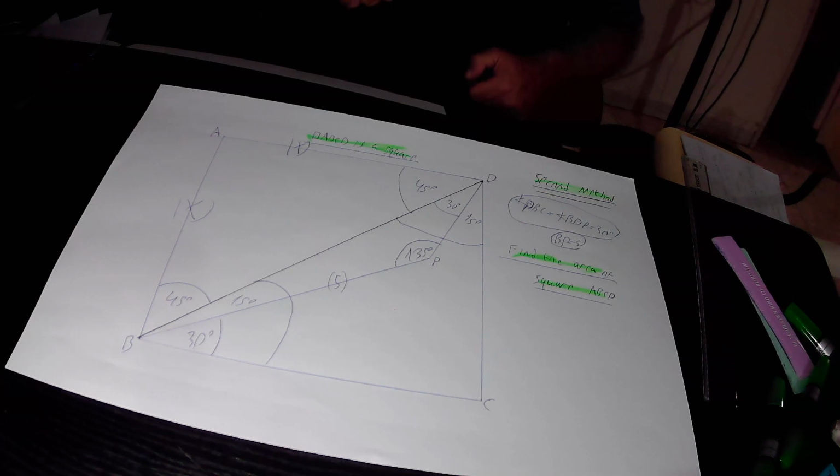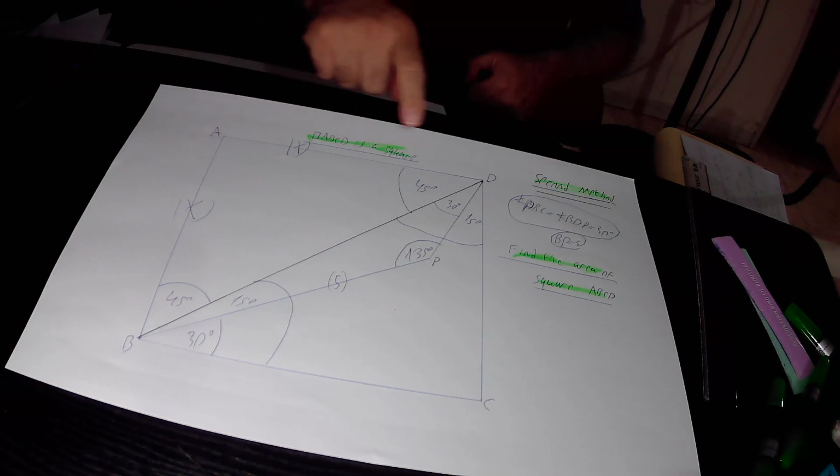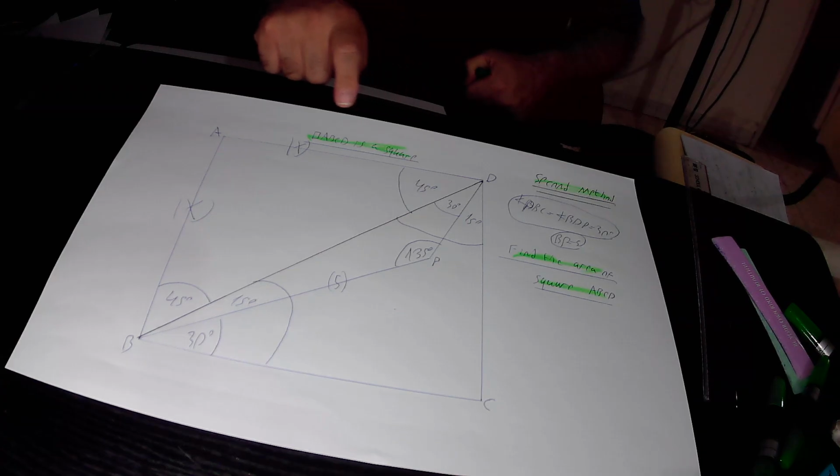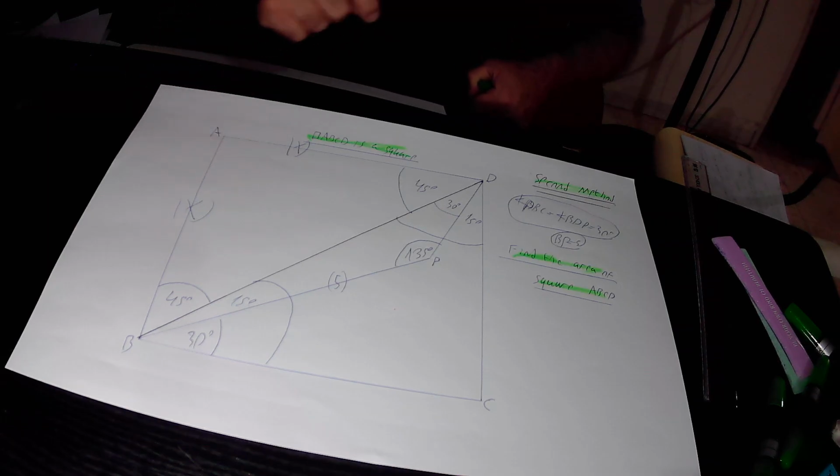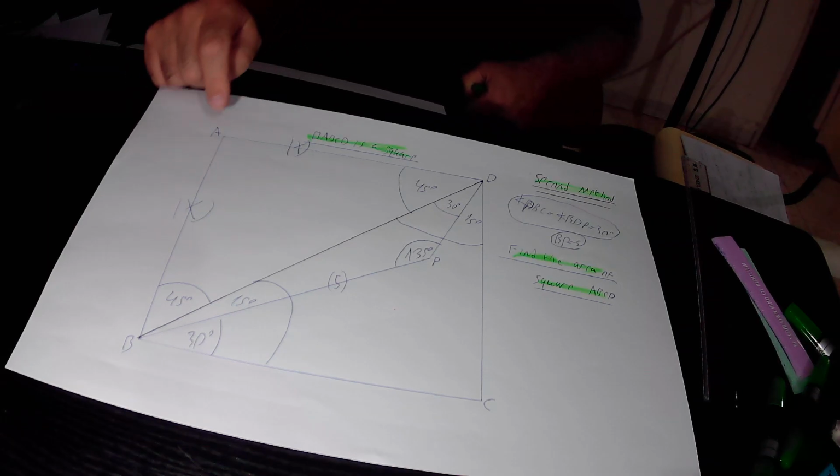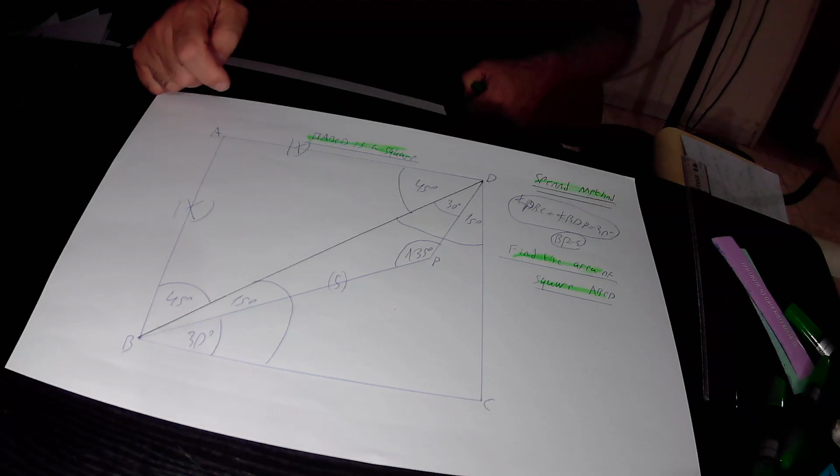So AD is the radius of the circle. We define AD as x, so therefore AB is also x. So the radius of the circle equals x, and x is the length of one side of square ABCD. A is the center of the circle that we draw.